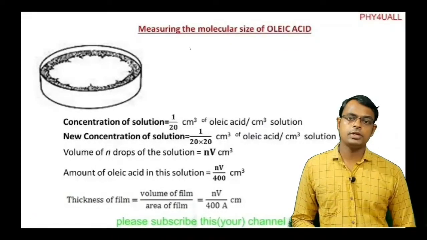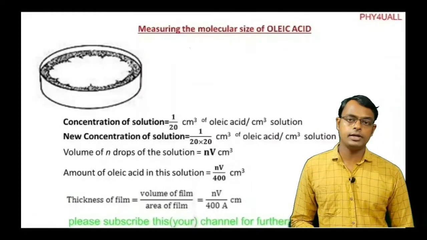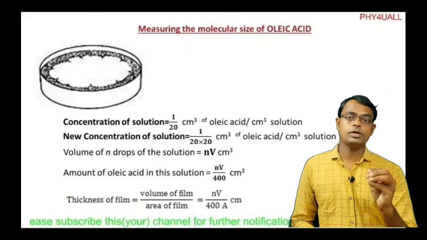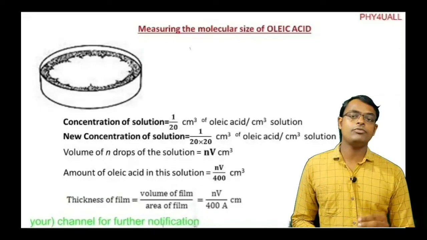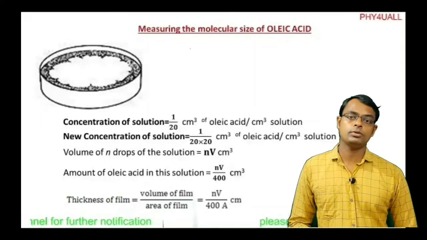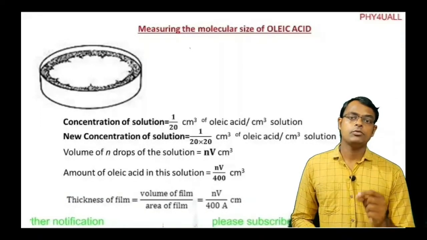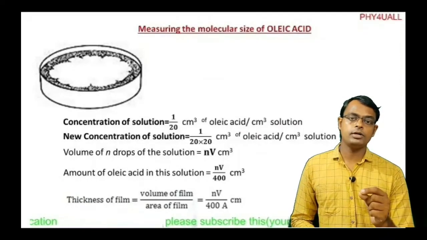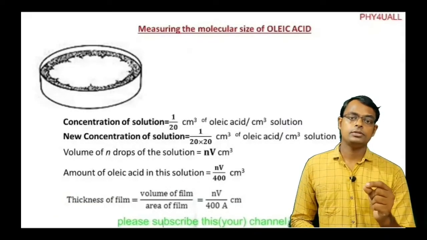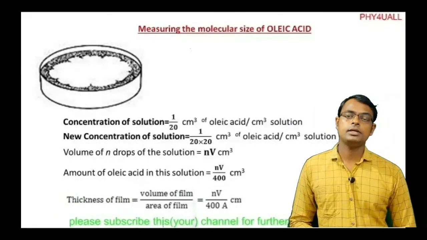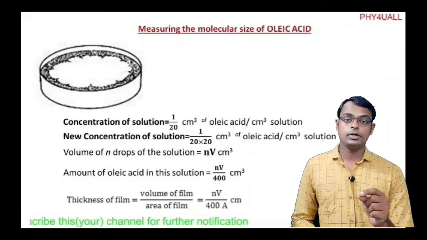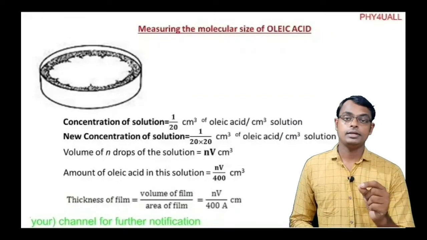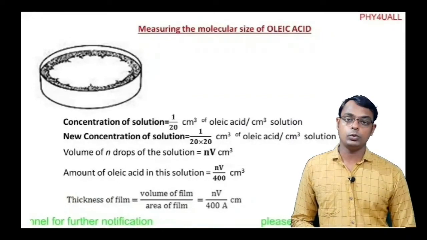The film consists of only oleic acid, so the volume of the film is the amount of oleic acid in the solution, nV divided by 400 cm cube. So the thickness of the film is nV by 400 divided by the area in cm square. Here the thickness of the film is approximately the size of the molecule.